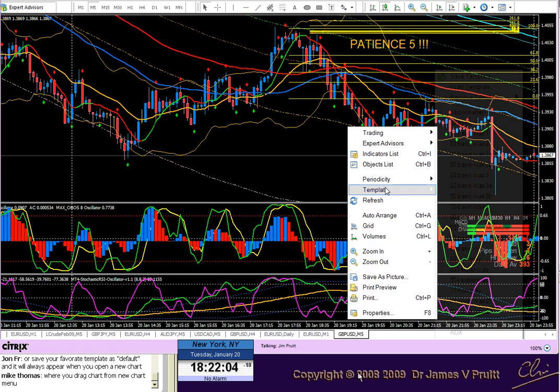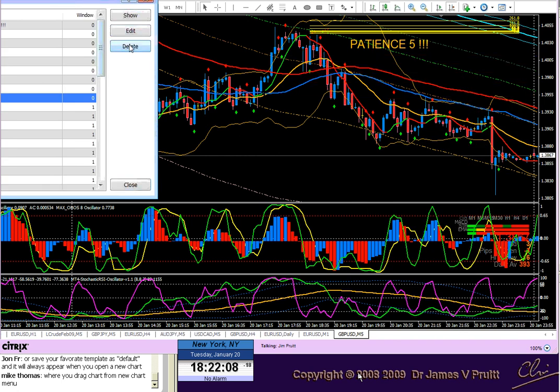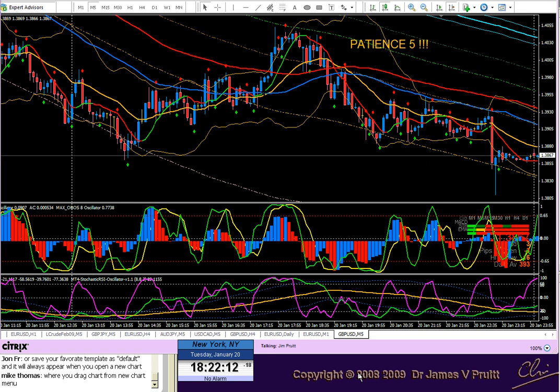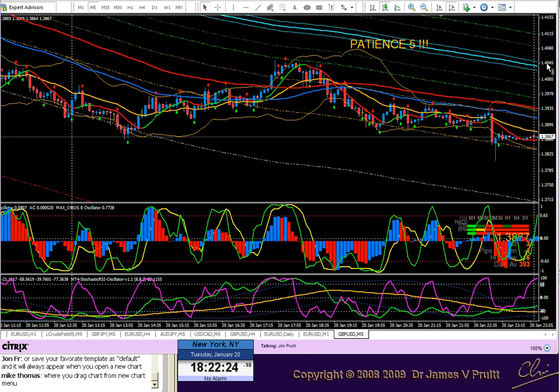Anybody have any more questions on today's lesson? Homework. Here's the homework. I want you to go back and find some places on a chart similar to this, only what you're doing, it's almost like a slingshot trade. Price is looking to get back to home base.